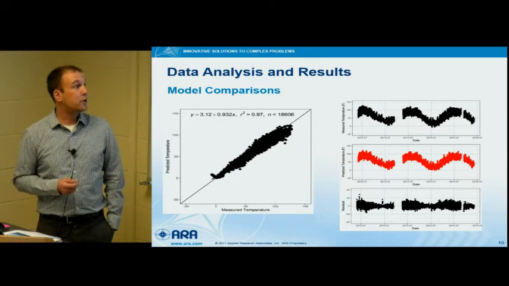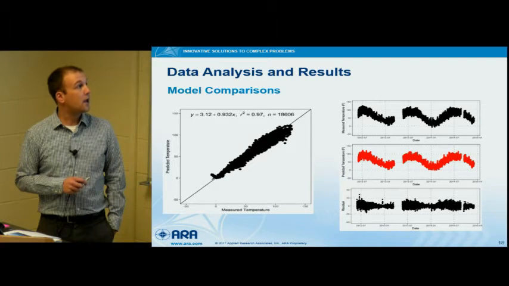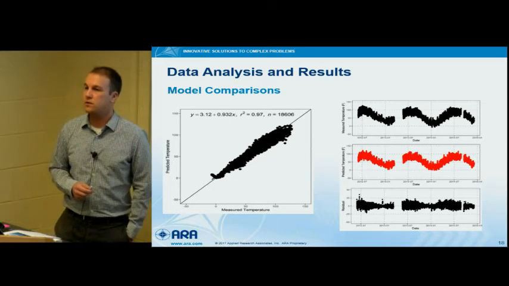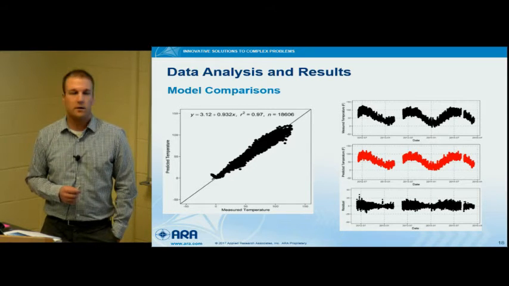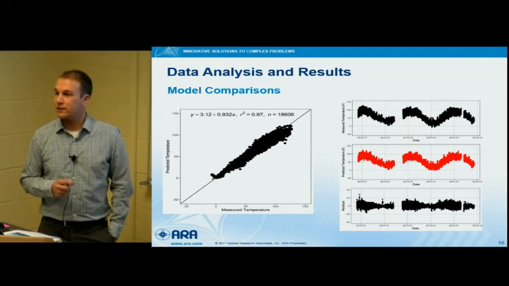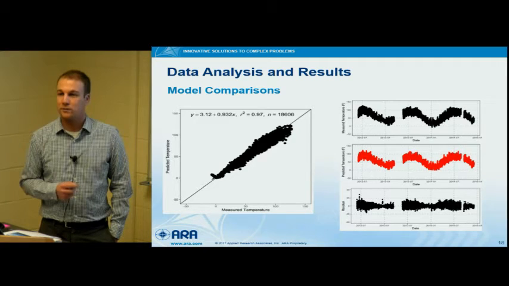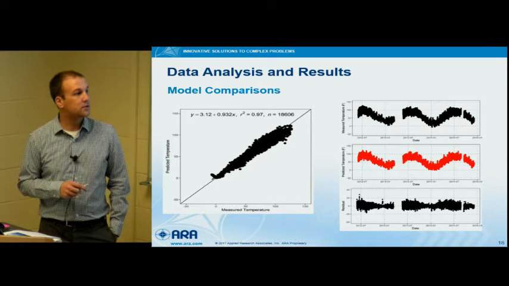A pretty good R-squared of 0.97, and we saw this for most of the stations. Most of them had a very good comparison between the measured and predicted. So as you see here, we have the time series, the hourly. So it basically just looks like a big blob, but there's little dots in there that's basically an hourly point. And it fluctuates throughout the day, throughout the month, weeks, years.